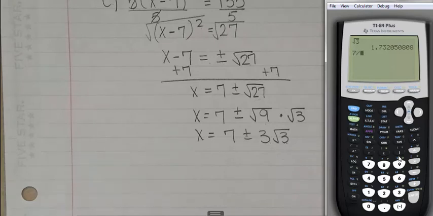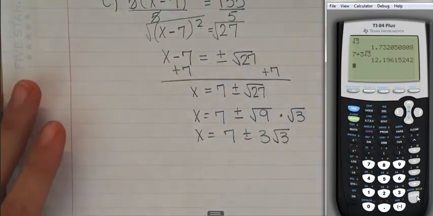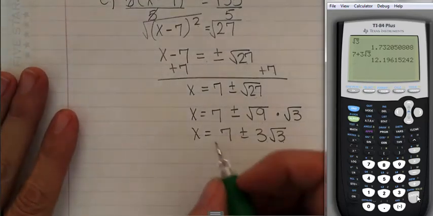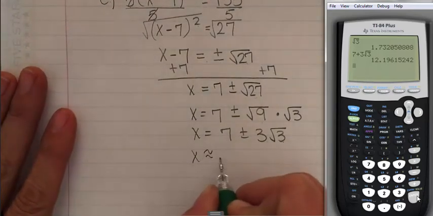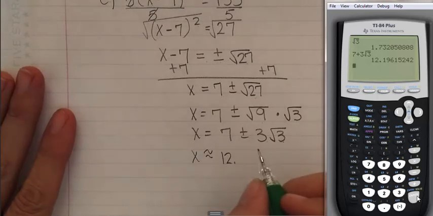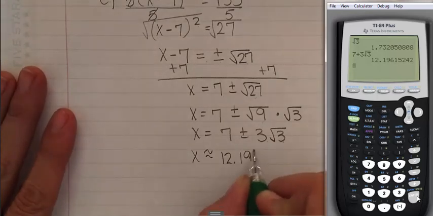So 7 plus 3 root 3. Oops, that's division. We don't want that. So I'm getting 12. So I'm going to actually write that down. I got two answers here. So x is approximately 12 point 196.